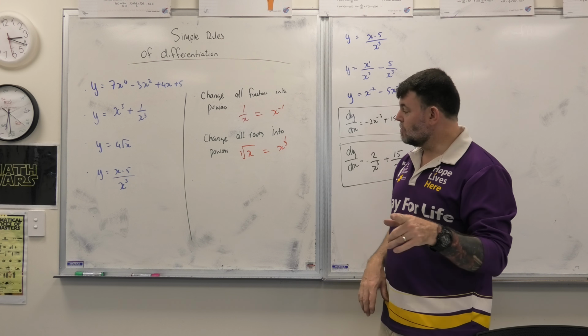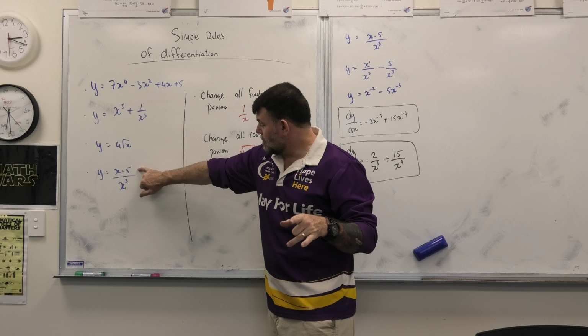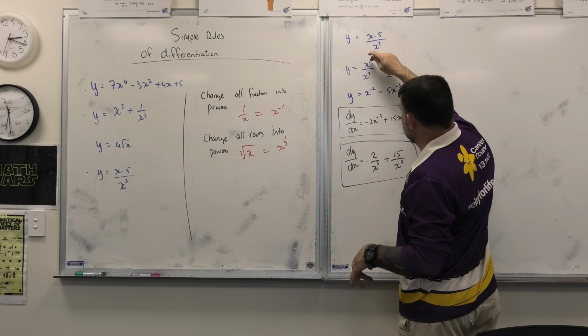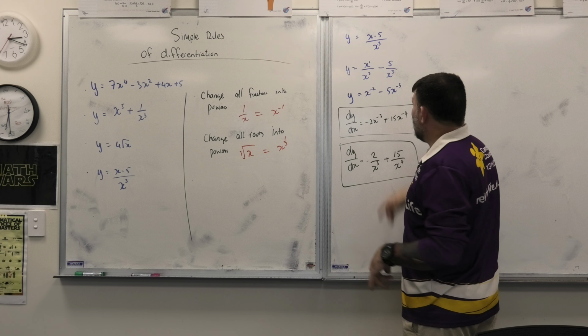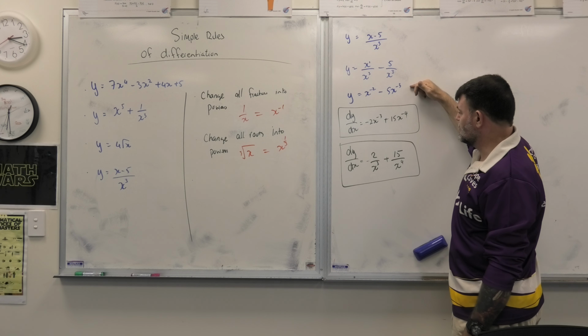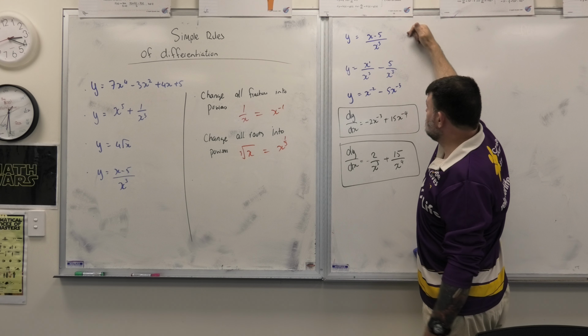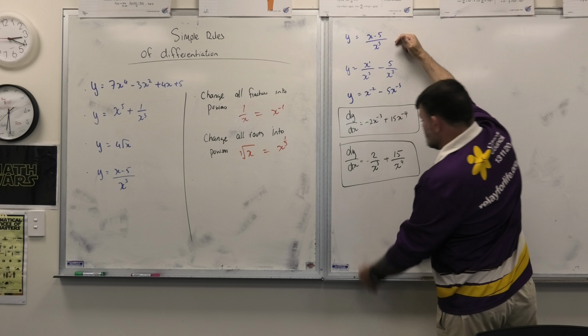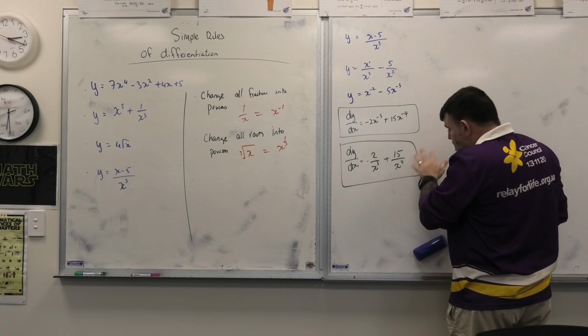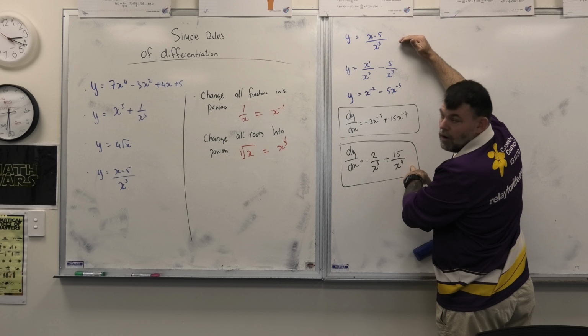And the last thing we need to remember when we're working on this here is if we've got a function over a shared function, we need to divide the numerator by that common function and then get rid of that fraction before we can start differentiating. So x minus 5 over x cubed is the same as negative 2 on x cubed plus 15 on x to the 4. This here is the gradient of that function.